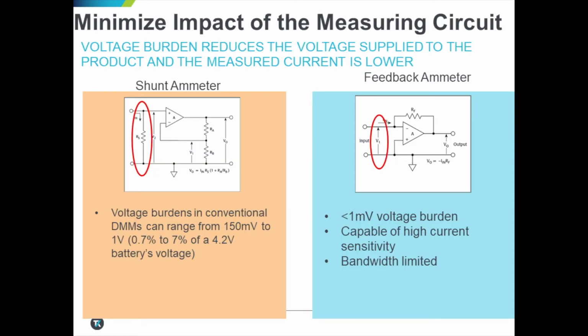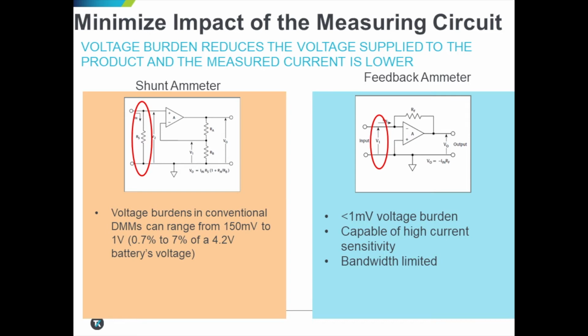As we consider what measurement setup to use, just as a reminder, measuring the circuit's current typically adds a voltage burden to the circuit, which reduces the accuracy of the measurement. Current measurement instrument topologies deploy 2 broad approaches to measure current: a shunt ammeter or a feedback ammeter.